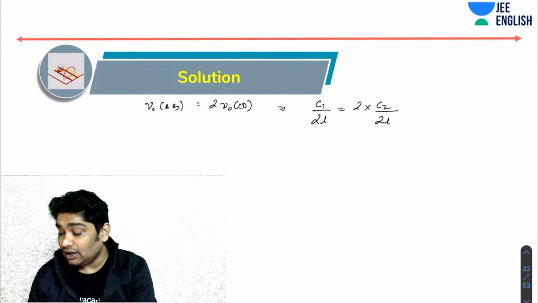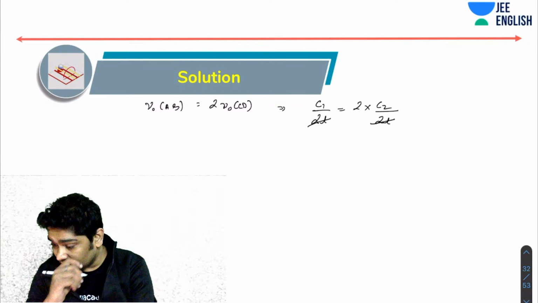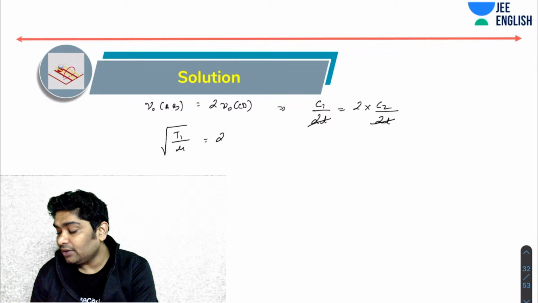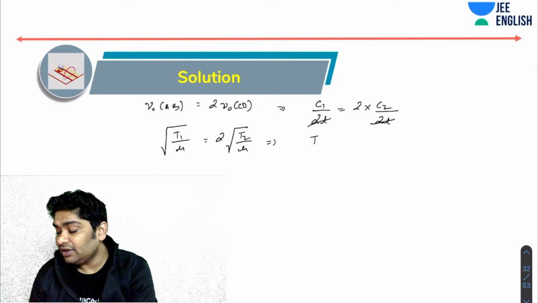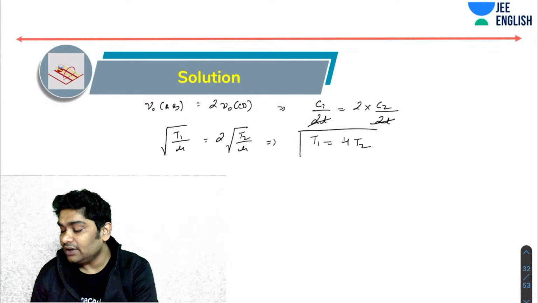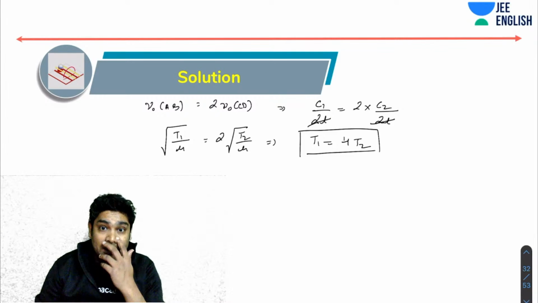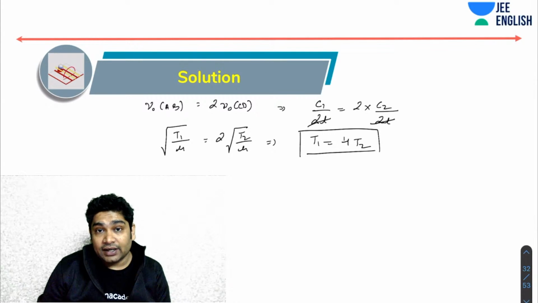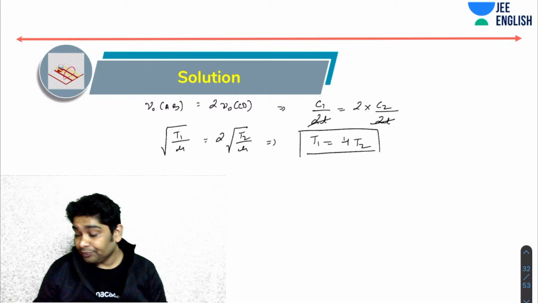Now the lengths are equal, and C can be written as root of T1 over mu equals 2 times root of T2 over mu. What that tells me is T1 equals 4 times T2. So that is the relation that I get between the tensions in the two strings, because again the strings are identical, so the mu would be equal.